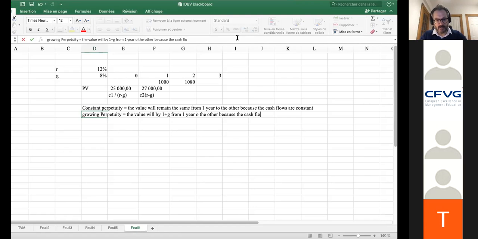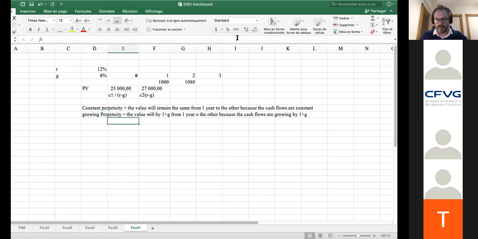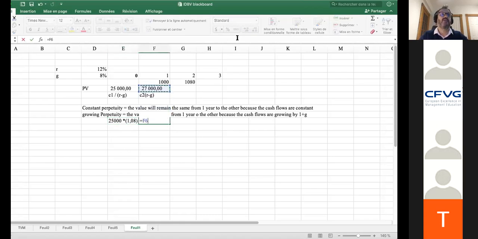The cash flows are growing by 1 plus G. Okay, so 25 times 1.08 must be 27. Okay, 25 times 1 plus G, 27.